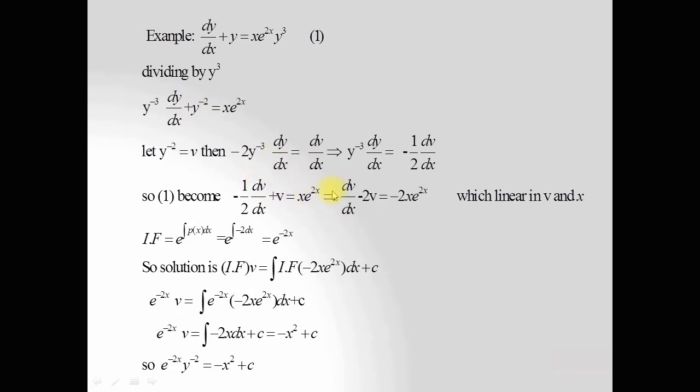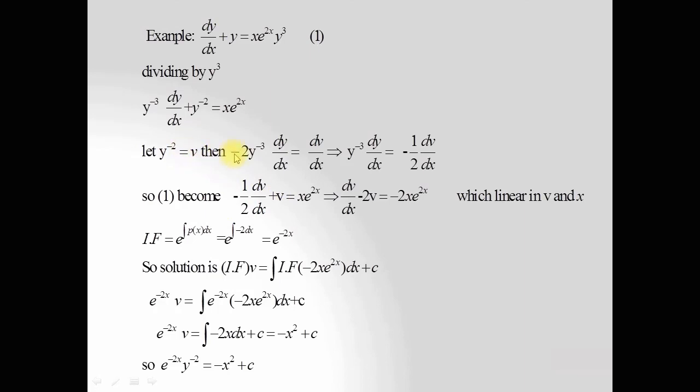In the linear differential equation, we have a new dependent variable in place of y. In the given differential equation the dependent variable is y, but when we use the supposition, for example, y power minus 2 is equal to v, or y power minus 2 is equal to z, then in the new differential equation the dependent variable will be z.